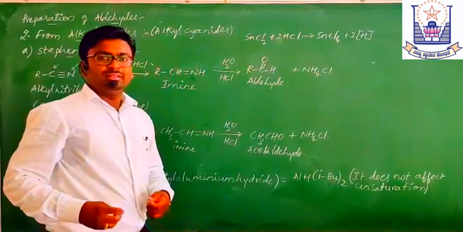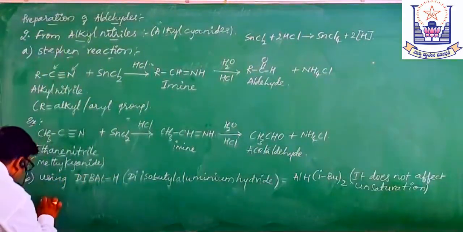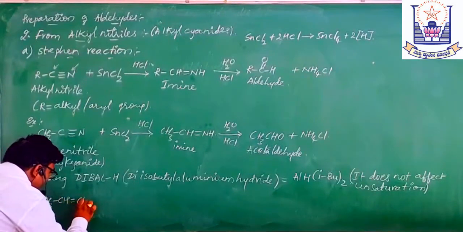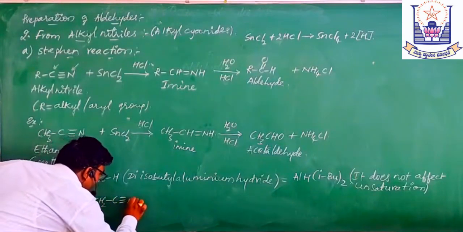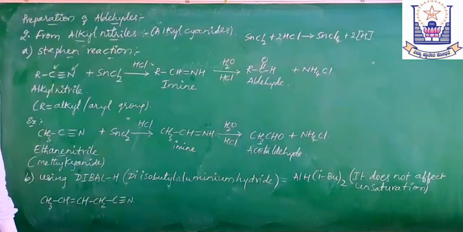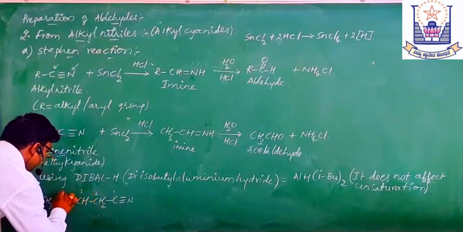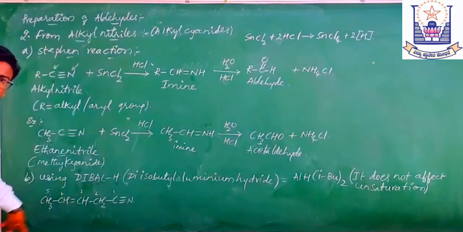Then we can take a particular example here: CH3 CH double bond CH CH2 C triple bond N. If this is a nitrile, what is the name of this nitrile? Carbon 1, 2, 3, 4, 5, so a total of 5 carbon atoms in the parent chain, pent.